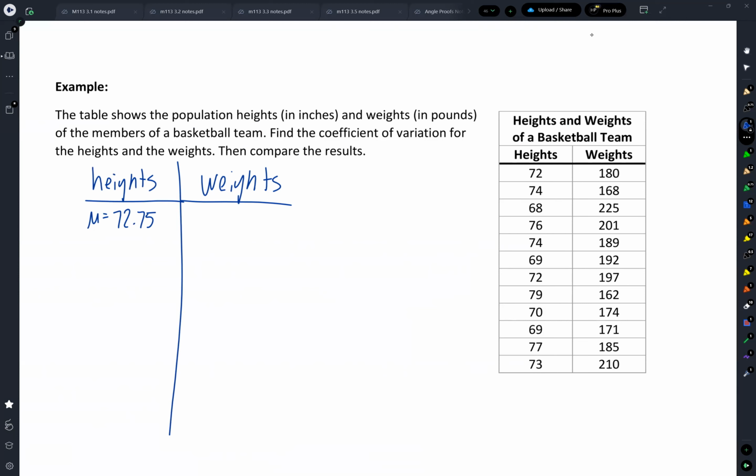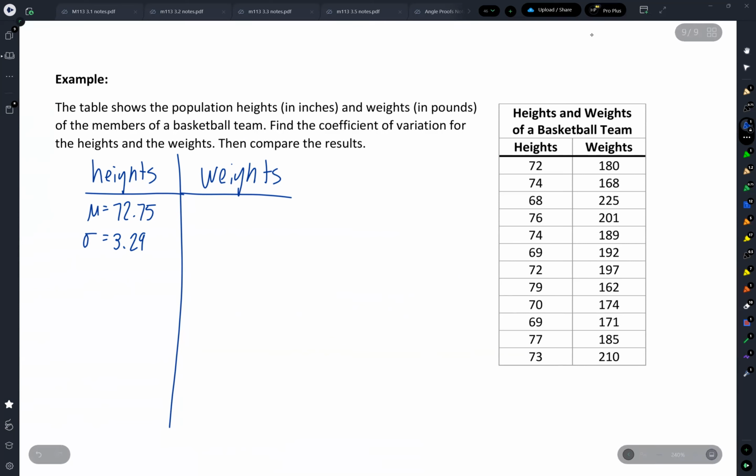And then the standard deviation for the population is 3.29. Again, I found these by using my calculator. I'll show you all how to do that once we have the calculators back.